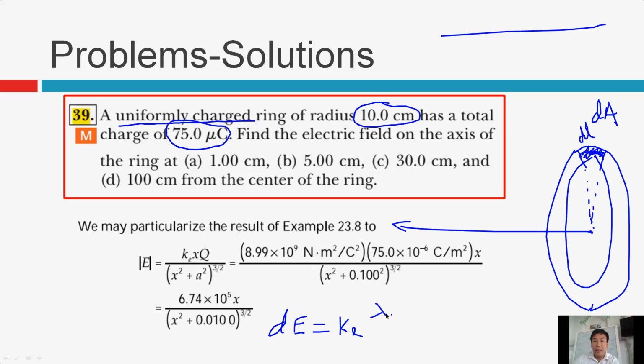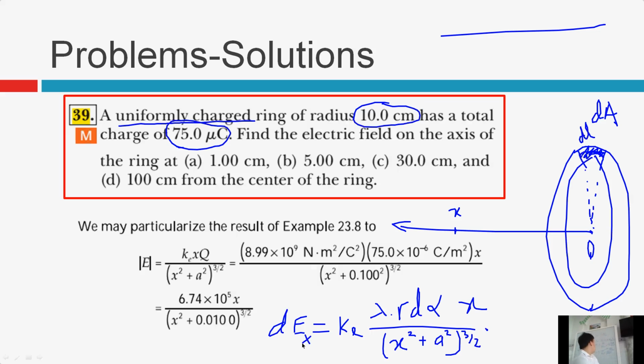How to calculate dl? dl equals r d alpha. x squared plus a squared, to the power of 3/2. This is ds, right?